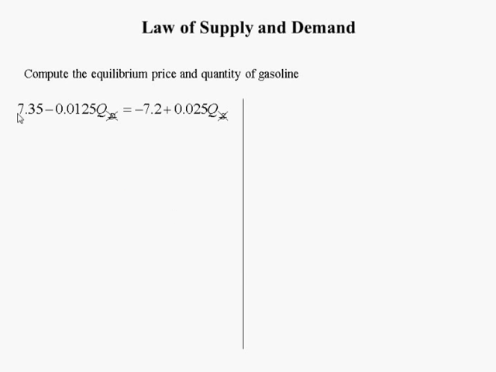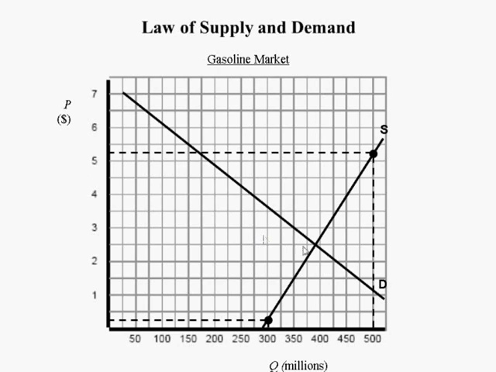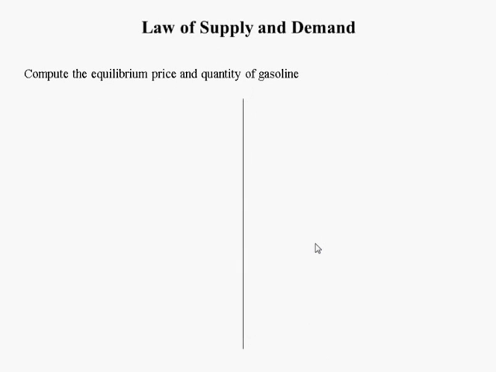Well, remember that the equilibrium price is the price such that quantity supplied equals quantity demanded. And if quantity supplied equals quantity demanded, then the price on the demand curve equals the price on the supply curve. So that's why we set the demand curve equal to the supply curve. We're assuming the prices are the same.